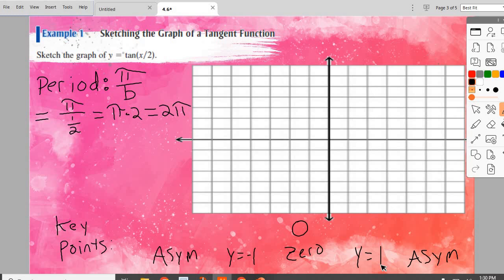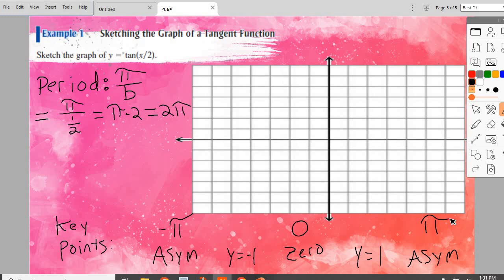So if 0 has to be halfway in between, and the full distance has to be 2 pi, then how much has to be on both sides? Pi. So this time, instead of starting at pi over 2, we're going to start at negative pi and end at positive pi.